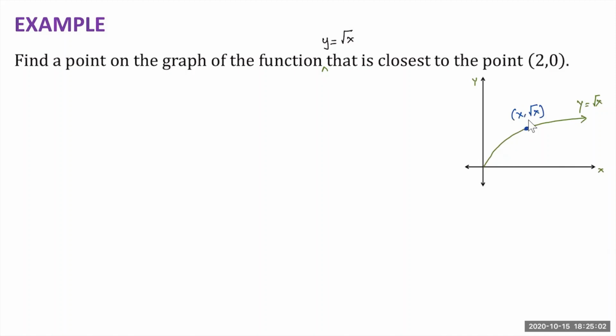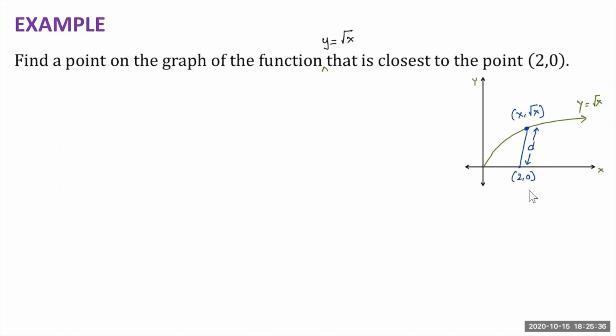So we have to find the value of x comma square root of x so that the distance between the point 2 comma 0 and any point on that curve is minimum. When you find the closest point, it has to be the minimum. So for the distance d to be minimum, we have to find the value of x comma square root of x.